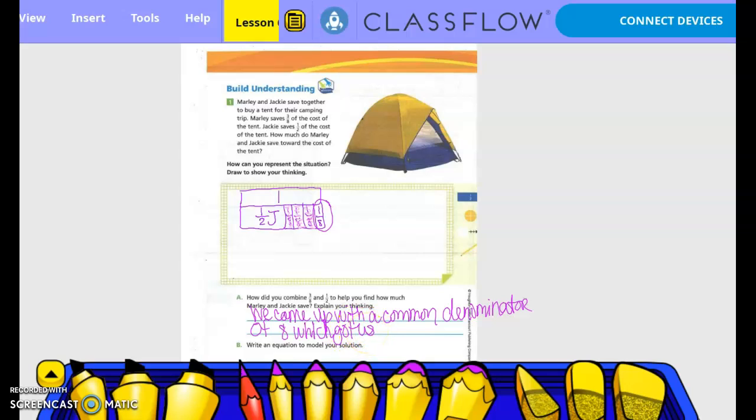So if we have 1/8 left, how much have they already collected? 7/8, right? 7/8 of the cost collected.